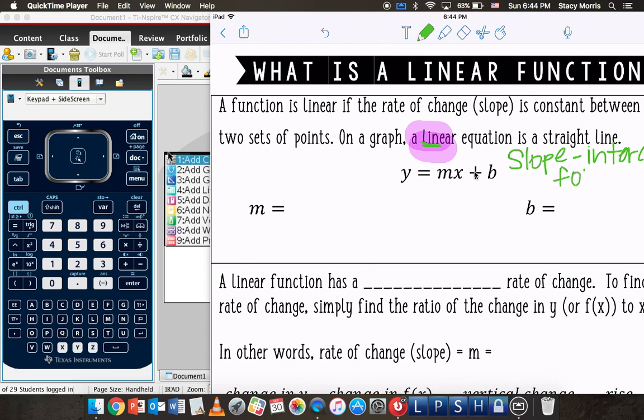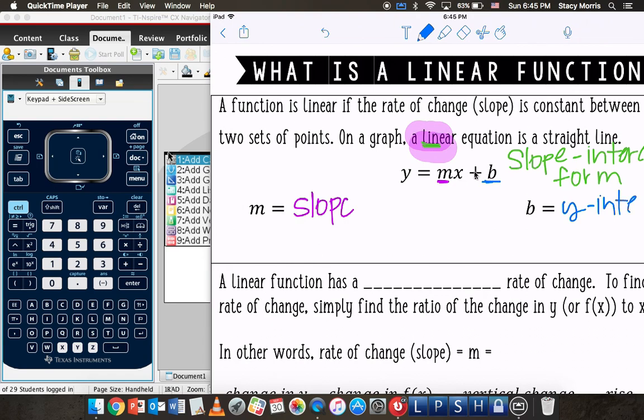It's called slope-intercept form because from that equation you get two really important pieces. You get m, which is slope, and you get b, which we use to refer to the y-intercept.